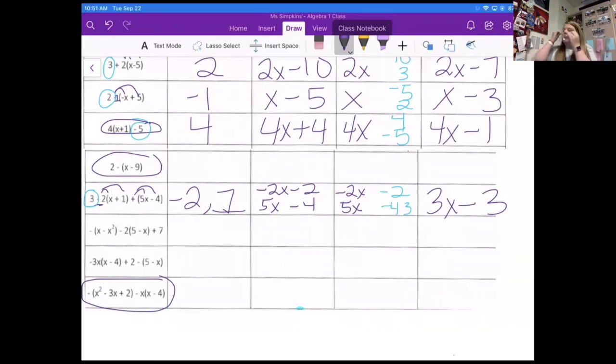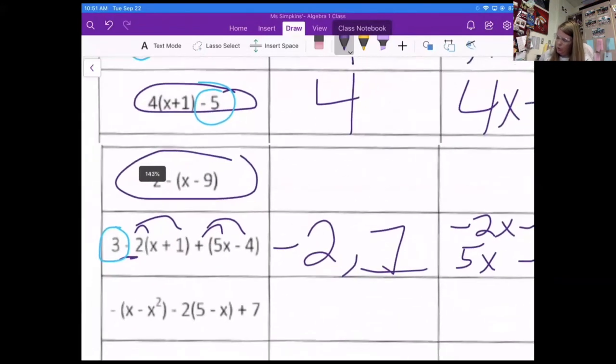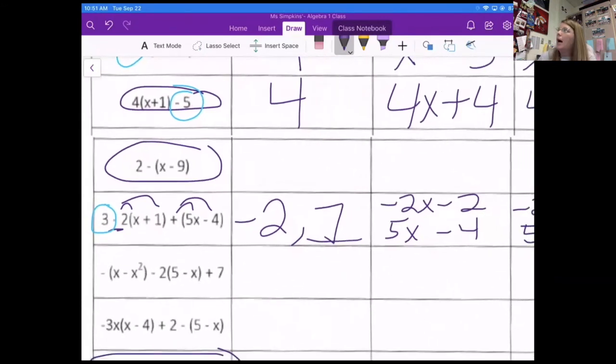All right, so the first one that I had you do was the one we skipped, which said 2 minus x minus 9. And it didn't have anything in front of those parentheses. So remember, we assume that it's a 1, and it does have a minus sign. So we are going to distribute -1. So when we distribute that -1, it would be -1x or -x.